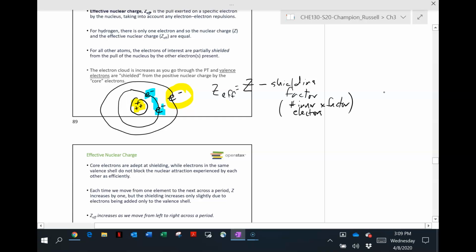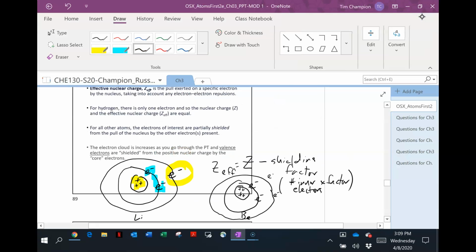But let's just compare. Let's look at the next one. So this is lithium, right? The next element is beryllium. Beryllium has 4 protons in its nucleus, and it has an inner core of 2 electrons, just like we said, and 2 outer electrons as well. Now, if we're thinking about this outermost electron here, it sees the four protons, and is shielded by these inner ones.